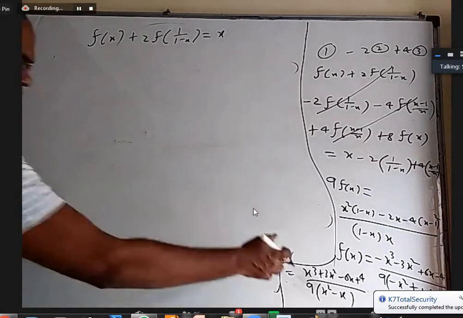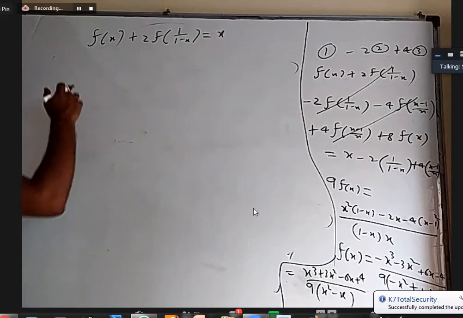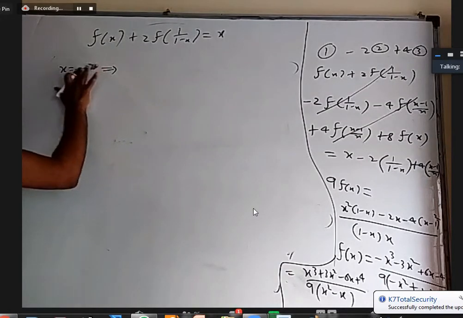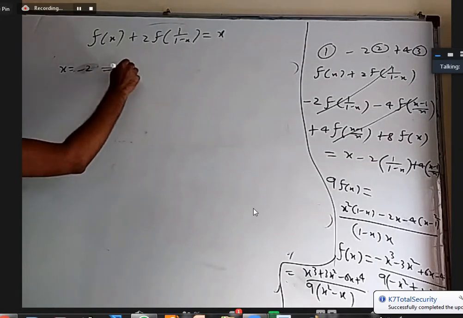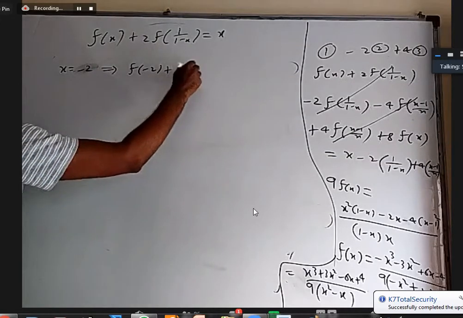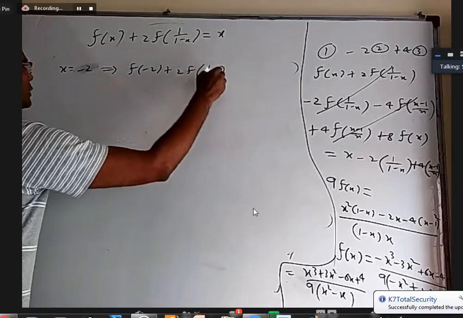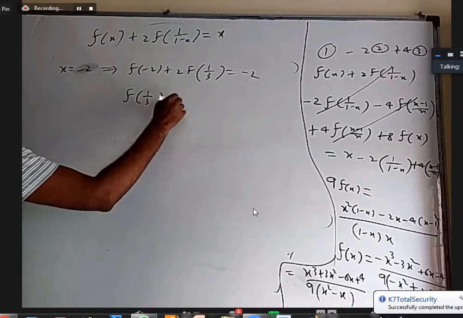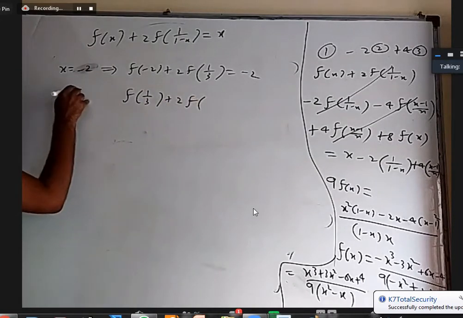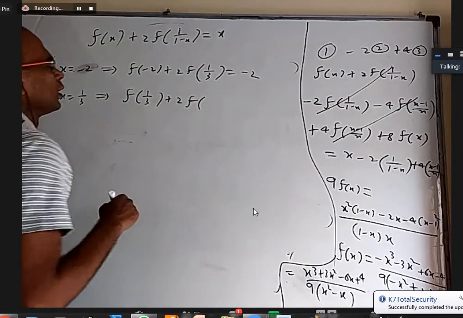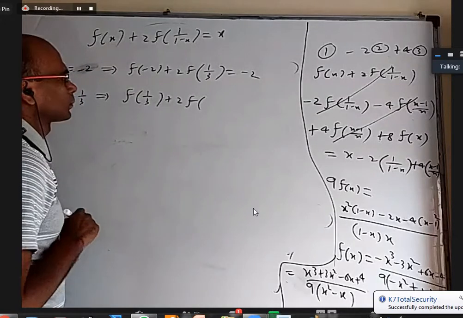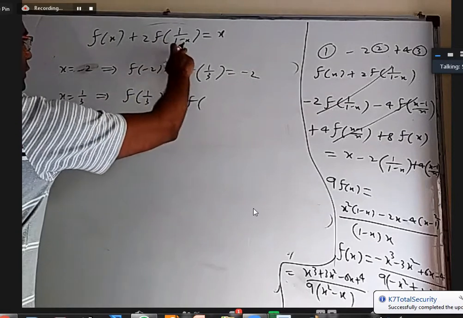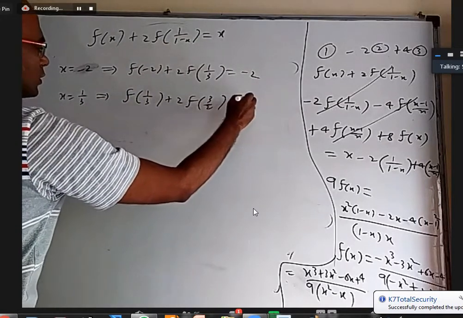So I can use this formula, but without that, if I put minus 2, what will happen? When I put x equal to minus 2, f of minus 2 plus 2 f of 1 by 3 is equal to minus 2. When I put 1 by 3, this will give 2 by 3 and this will give 3 by 2 and then 1 by 3.